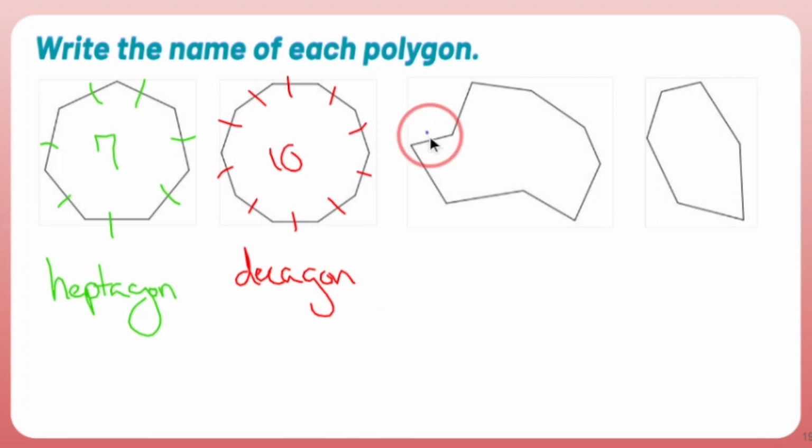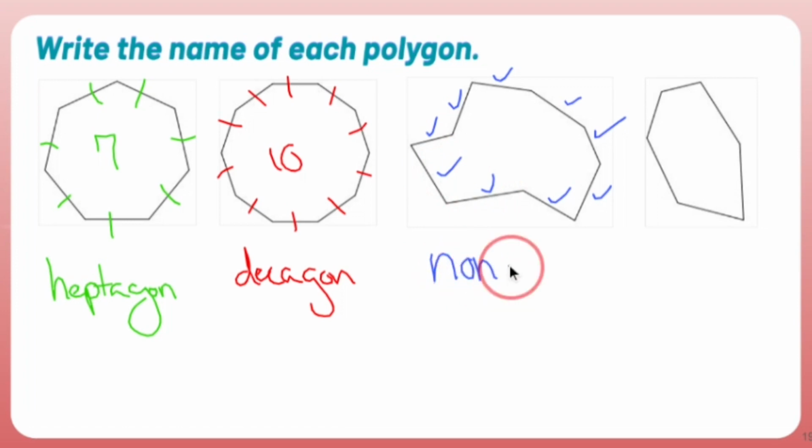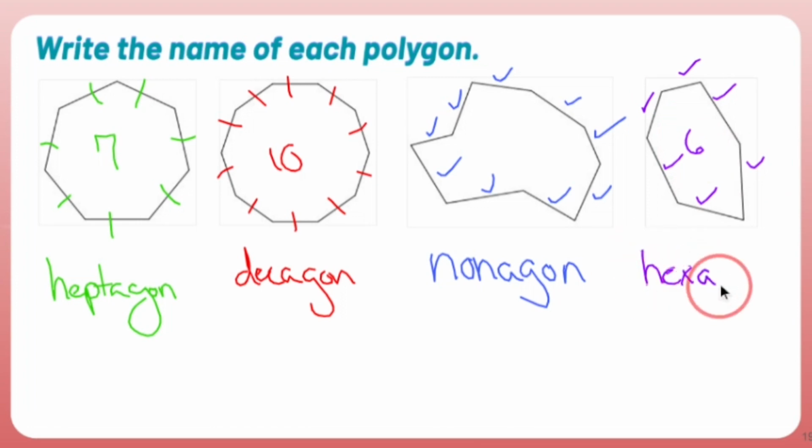I'll put little check marks now. 1, 2, 3, 4, 5, 6, 7, 8, 9 is a nonagon. And last but not least, this weird-looking creature at the end here is 1, 2, 3, 4, 5, 6. 6 sides, hexagon.